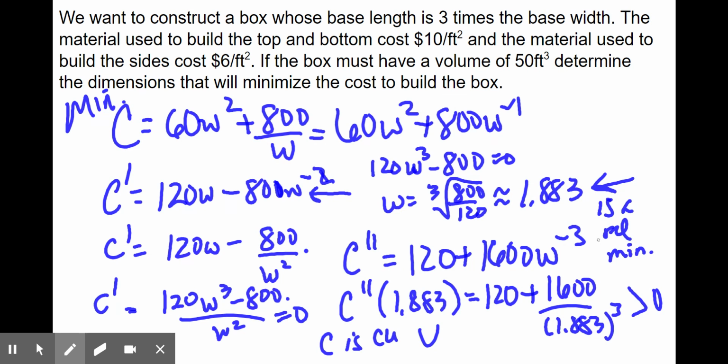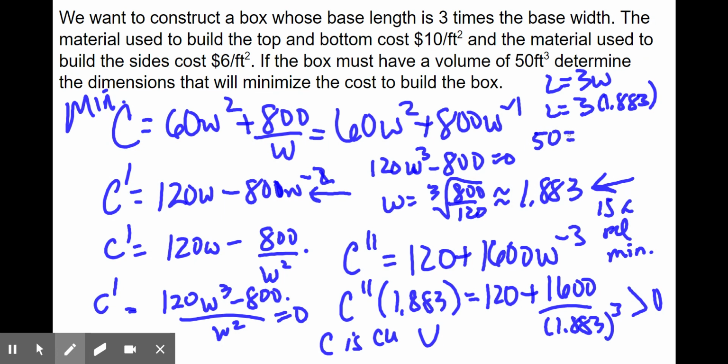Okay, now if you want the dimensions, that'll make this happen for you. We know the length is 3 times the width. So take 3 times 1.883. That'll get you the length. And then you also know the volume. 50 was equal to, what was it?